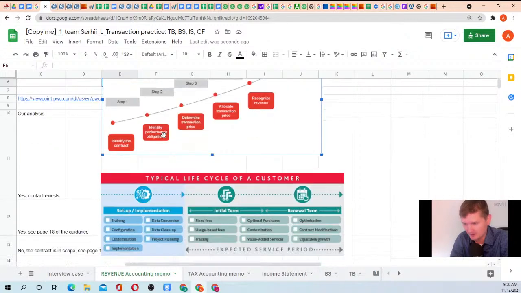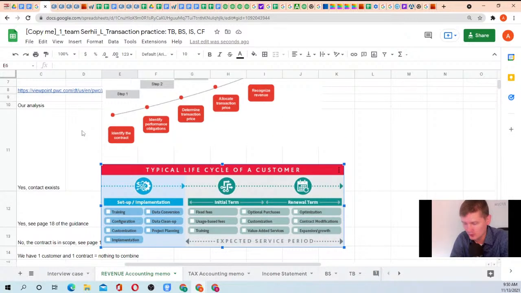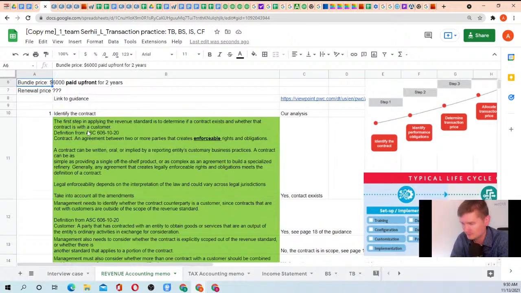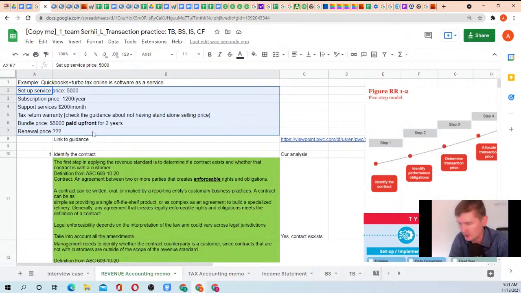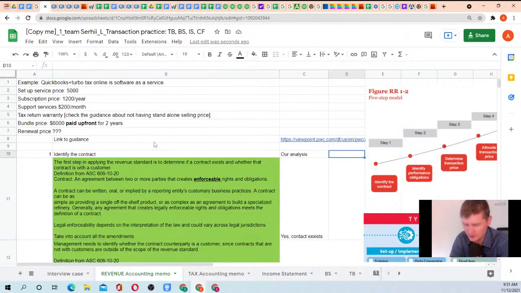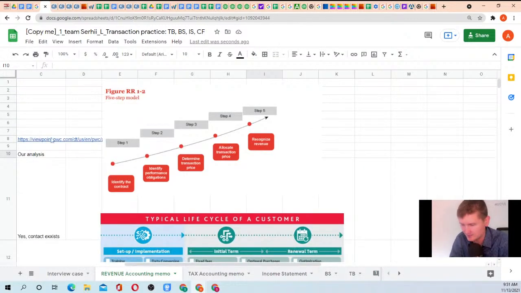And for example, in our homework, we have an example of QuickBooks. We are assuming we are in it and we are selling QuickBooks software. And we have a complex arrangement here. We go through steps, we go through guidance, and we try to understand if our contract is a contract, how many performance obligations do we have.